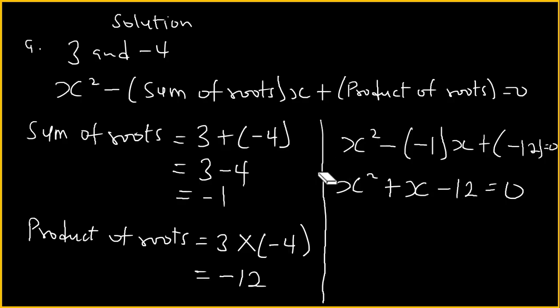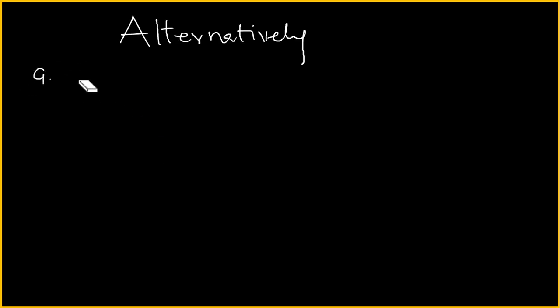Alternatively, from the same roots 3 and negative 4, we all know that every root is equated to a variable. So it's a variable that comes out with a number.